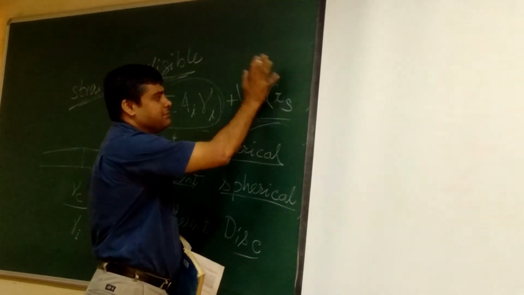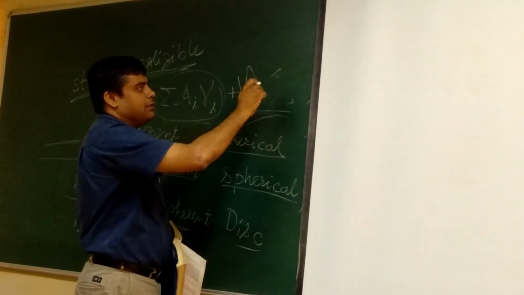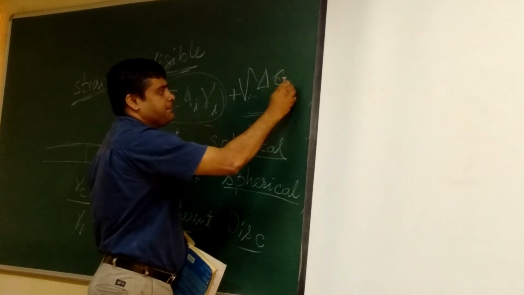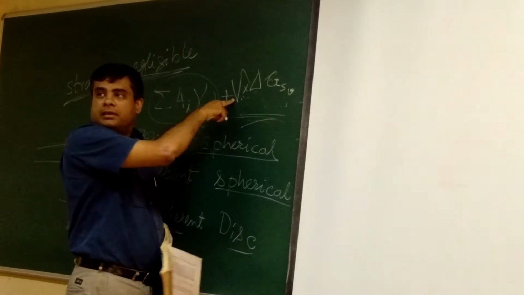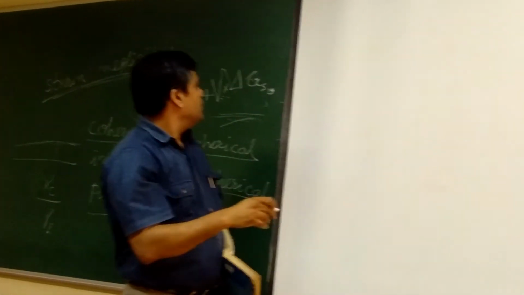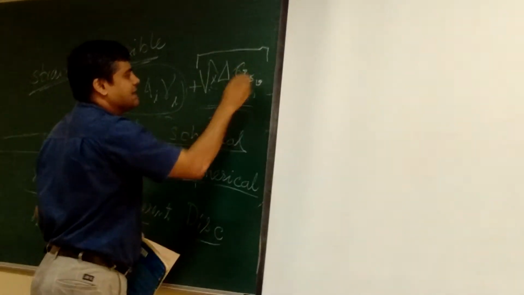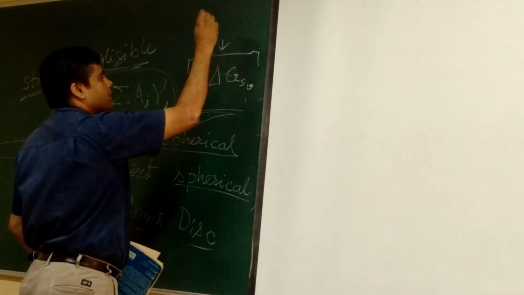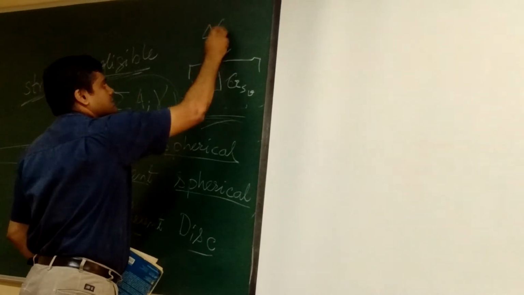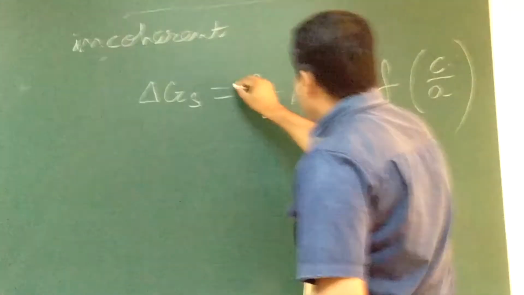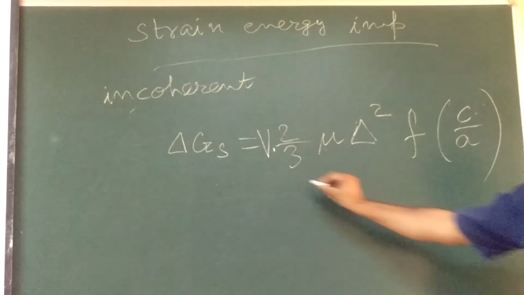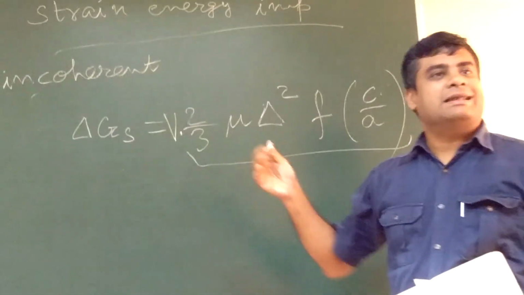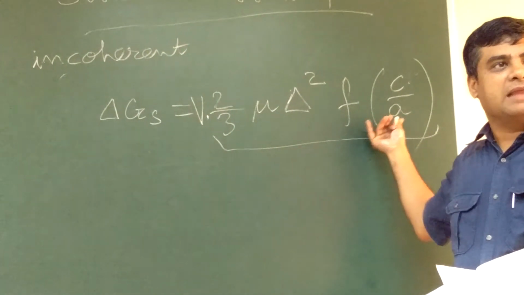Let us give some other term instead of delta GS per unit volume, say V, multiplied by V. So this V multiplied by delta GS per unit volume is your delta GS. If that is the case, then delta GS should be multiplied by V. So this part is the delta GS per unit volume of the precipitate that we wrote yesterday.